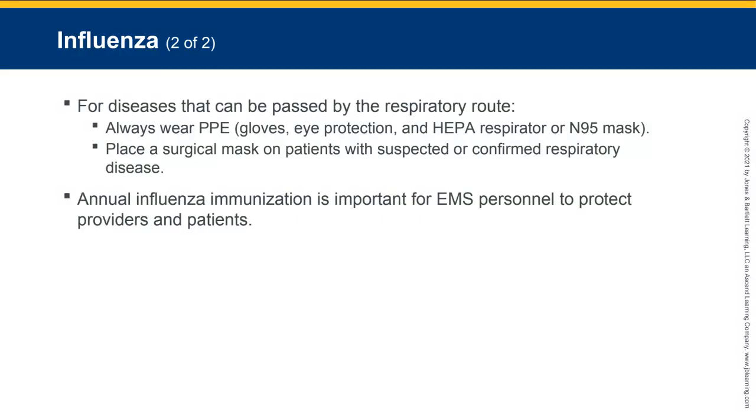For disease that can be passed by the respiratory route, so this is not specific to influenza, any disease that can be passed via the respiratory route, always wear proper PPE, gloves, eye protection, HEPA respiratory mask or N95.